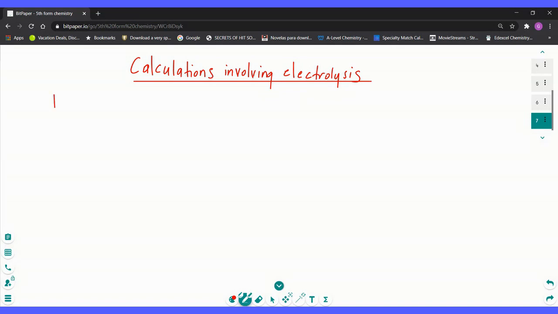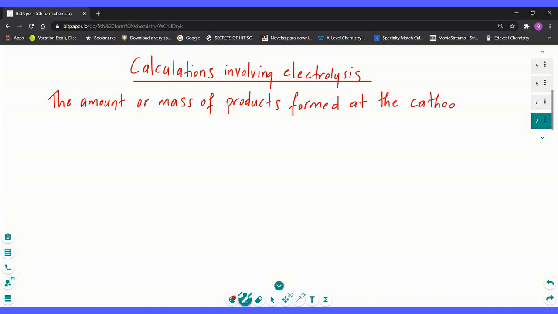So first thing I want to say to you is that the amount or mass of products formed at the cathode or the anode depends on the number of moles of electrons that were discharged.